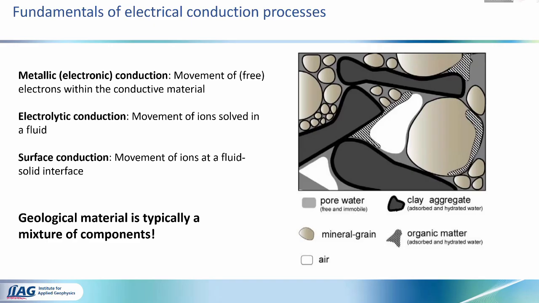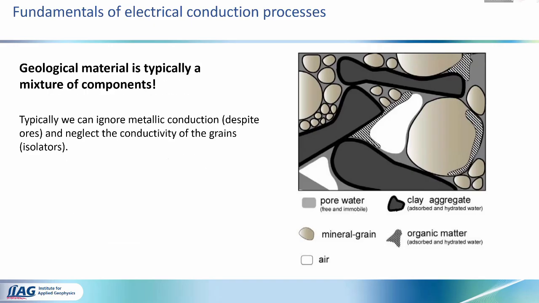So what do we do with this? For the next slides, we typically ignore the metallic conduction because we are not looking for ore detection or whatever minerals, at least today here. So we are basically looking into the two other components.